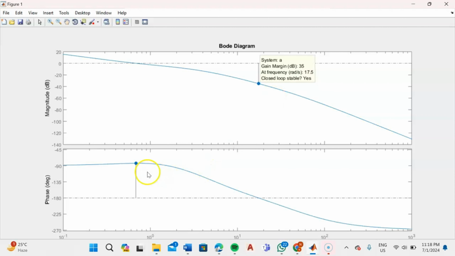Yes, it is. And for this system, the phase margin is 96.9 degrees, delay margin 2.4 seconds, at frequency 0.681 rad. And the closed loop is also stable.